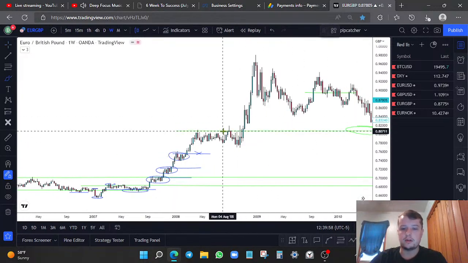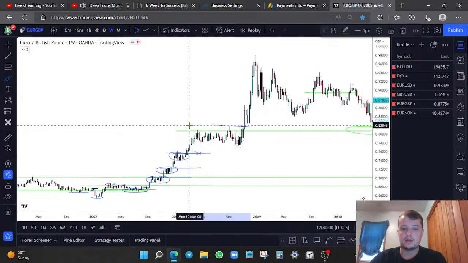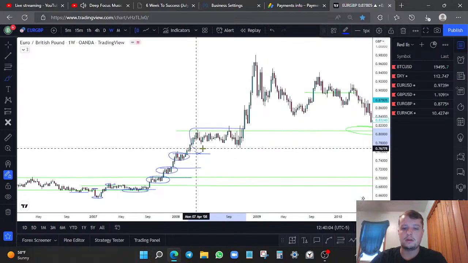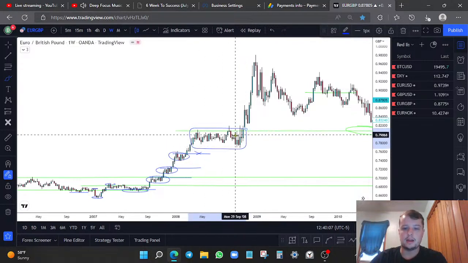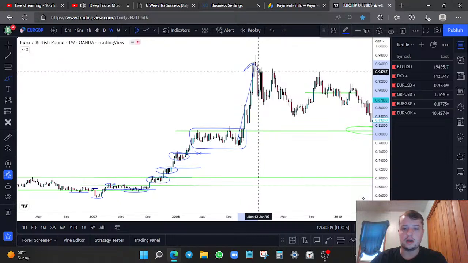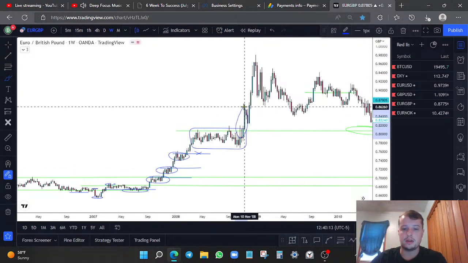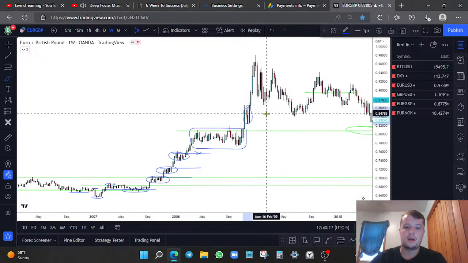Same thing with right here. So we see this consolidated area right here, and then a move to the upside, this push to the upside. But you see this little retracement right here.